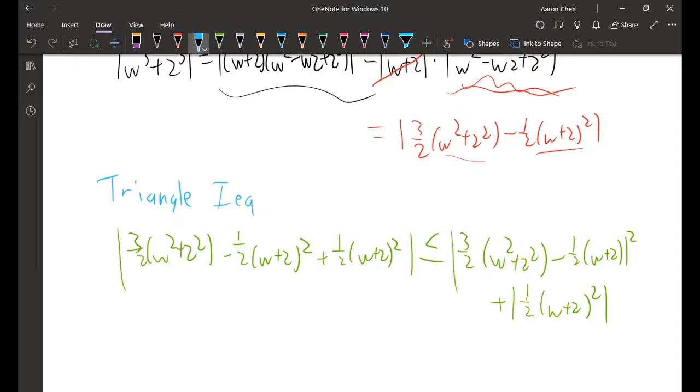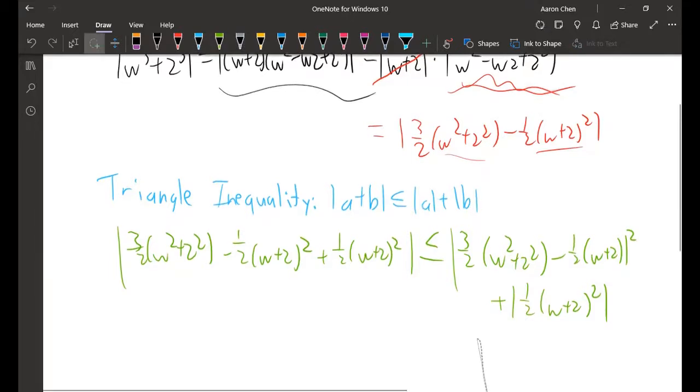The triangle inequality, in terms of magnitude for complex numbers, is just that the magnitude of a plus b is at most the magnitude of a plus the magnitude of b, where equality holds as I described earlier.